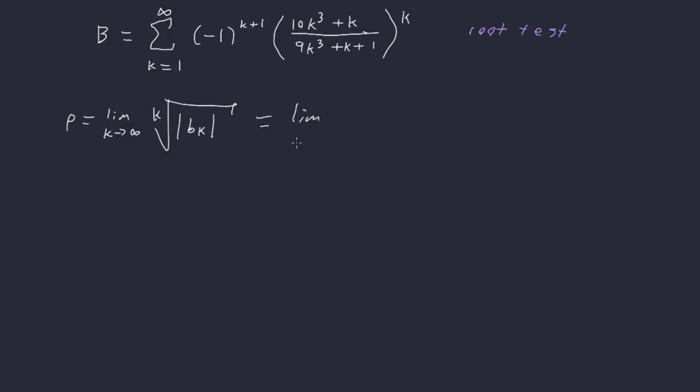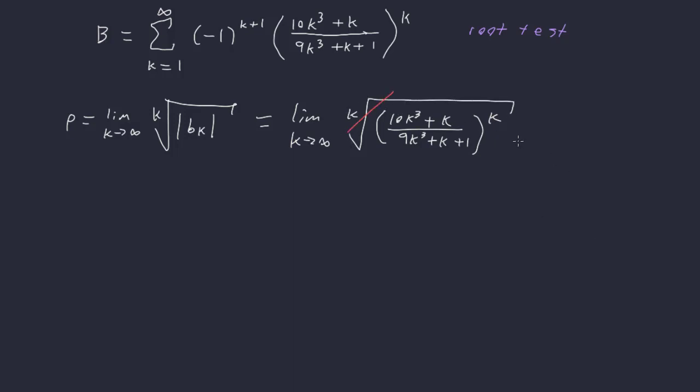So it'll be the limit as k goes to infinity of the kth root of, I'm just going to drop this since it's always positive, (10k cubed plus k all over 9k cubed plus k plus 1) all raised to the k.